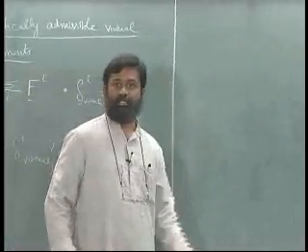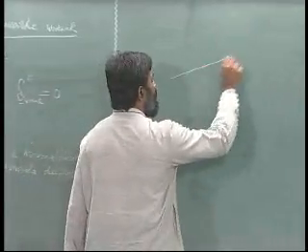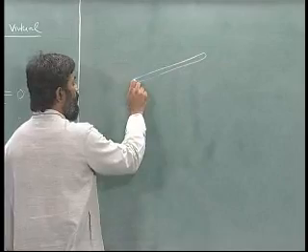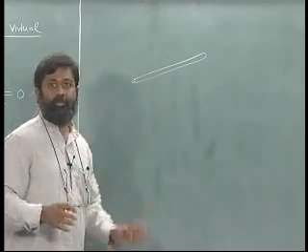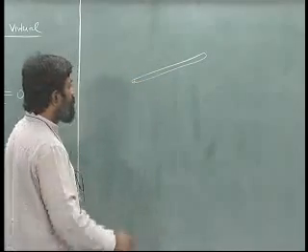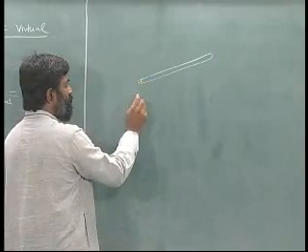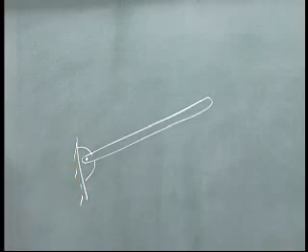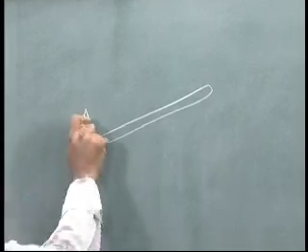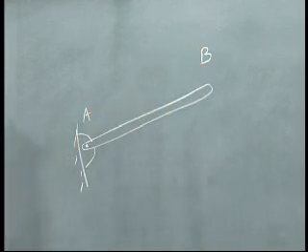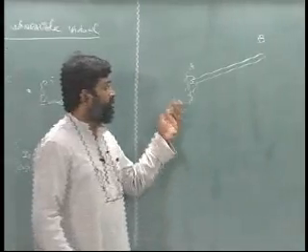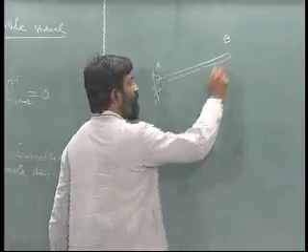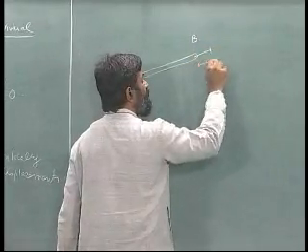Let me ask this particular question. Let us say I have a rigid body like this. Let us say I know some of the displacements. Let us just for a moment assume that the end displacement of this, let us say AB, is arrested. Now, can I apply a virtual displacement like this?